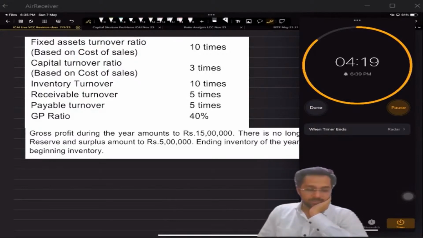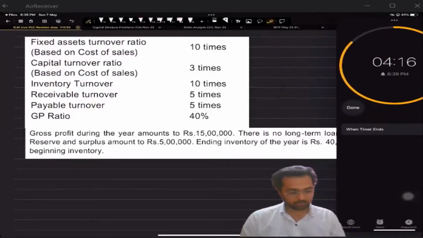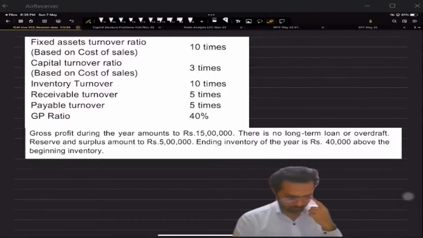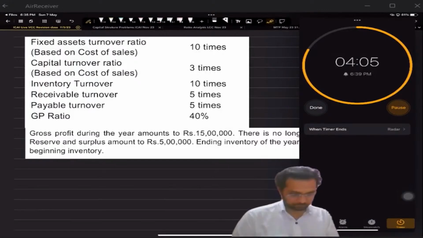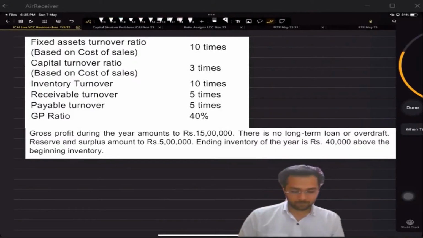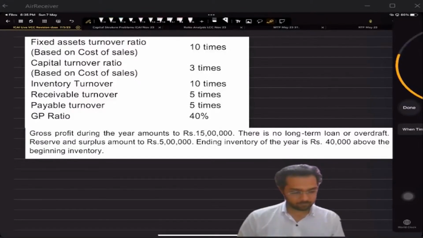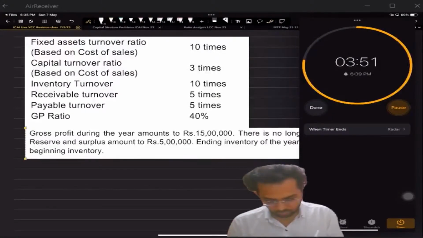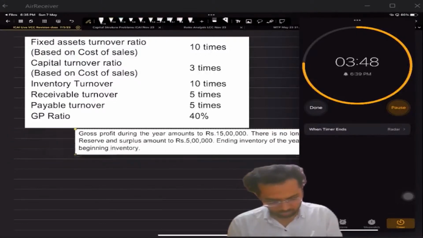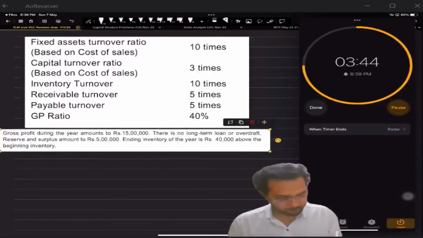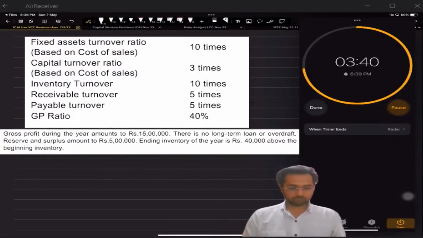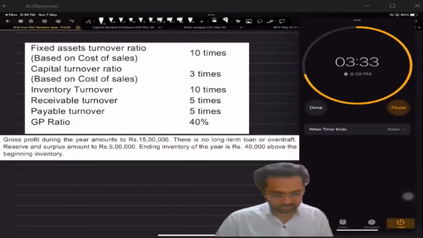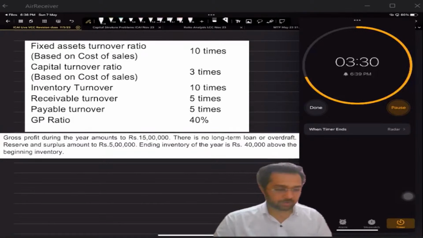The timer is set for the next 5 minutes, guys. You have to prepare the balance sheet, find out the assets and liabilities.